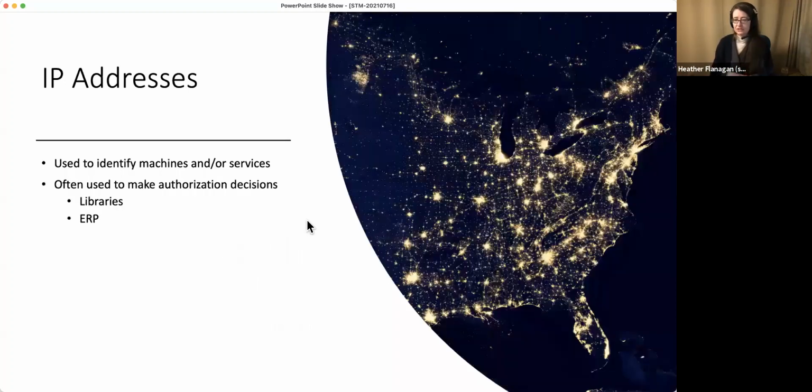IP addresses. So in academia, this is one of the more common ways for libraries to support authorization to material for their users. From the global perspective, now, and I understand that use case because, you know, okay, you've got 1,000, 5,000, 30,000 students on your campus.